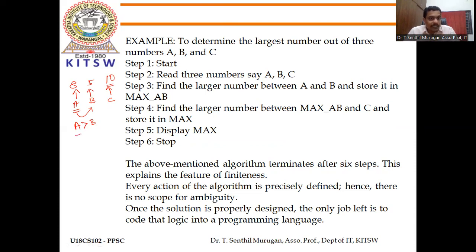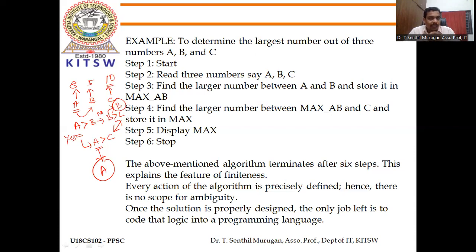If A is greater, then A will be compared with C. If B is greater, that condition fails. If the condition is true, we check A greater than C; if it fails, we check B greater than C. If A is greater than C, A is the largest number. If B is greater than C, B is the largest number. If both conditions fail, C is the largest number. This is the logic.